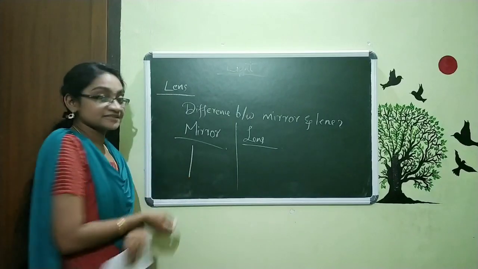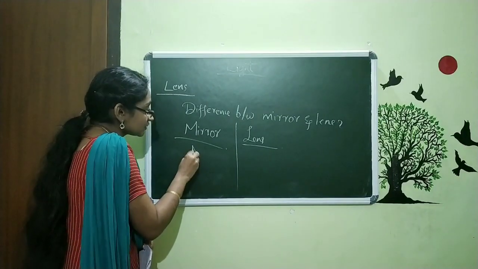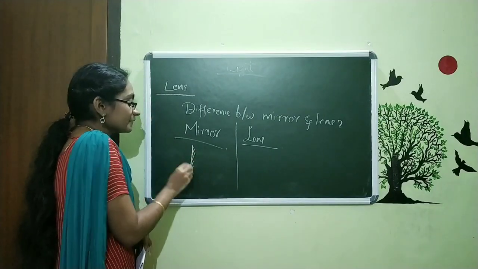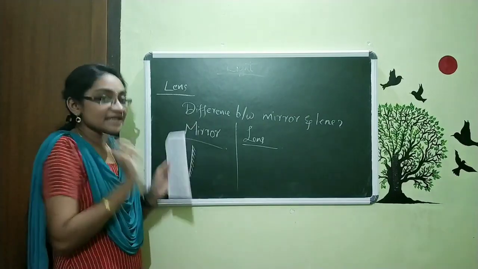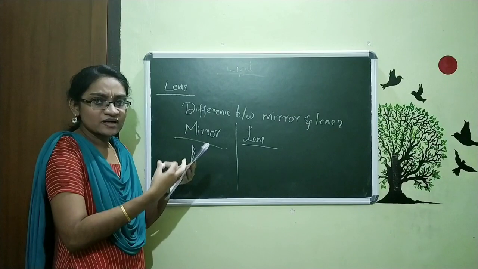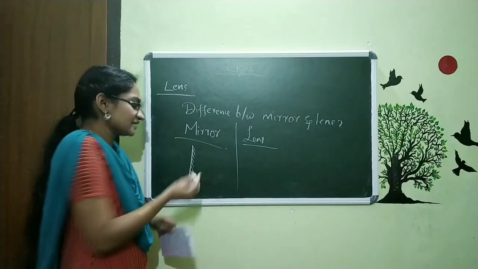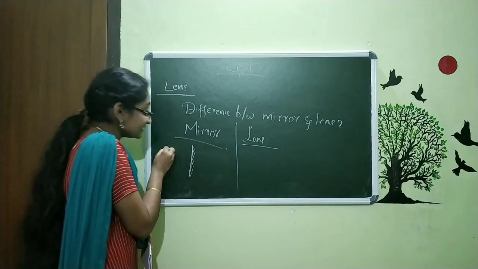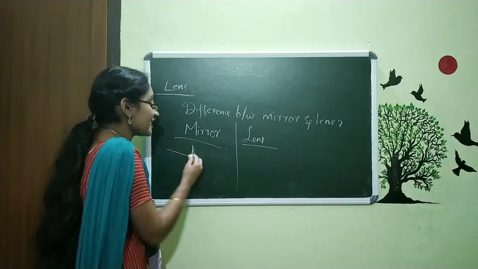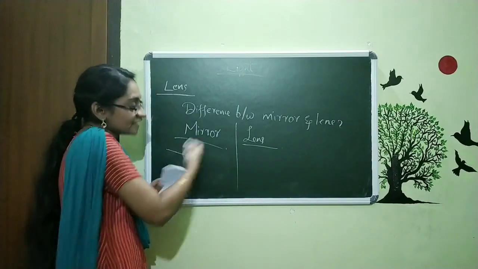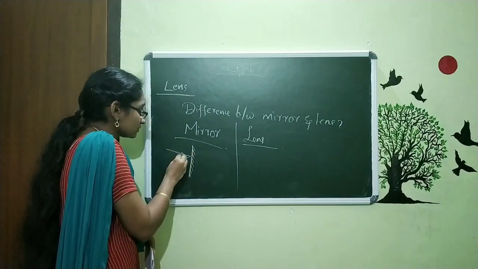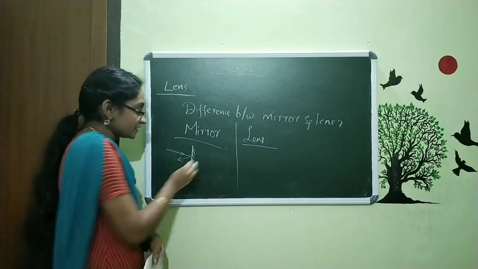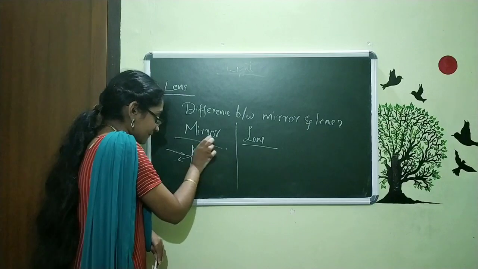Suppose this is the mirror, it is having some sort of coating. Actually it's mercury. We are painting some chemicals on this piece of glass and that's why we can see some sort of ash color on the mirror. And the light is not possible to transmit through this. So when the light hits this, it will move back.